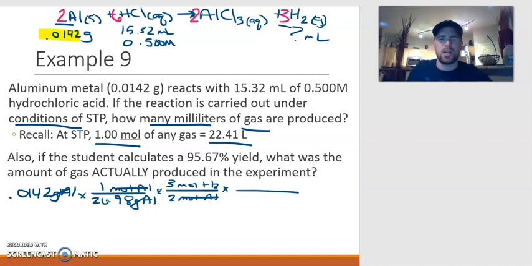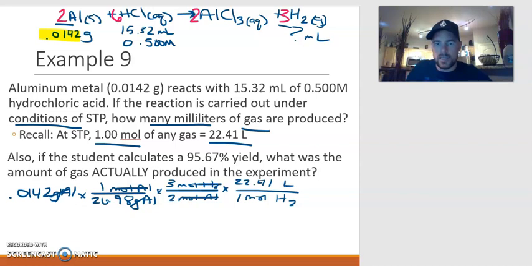And then finally, I don't want to know moles of hydrogen gas, I want to know milliliters. So I know that any gas, and remember this is only true for gases at STP, 1 mole of any gas will have a space of 22.41 liters. So 1 mole of any gas, in this case the hydrogen gas, will occupy a space of 22.41 liters.